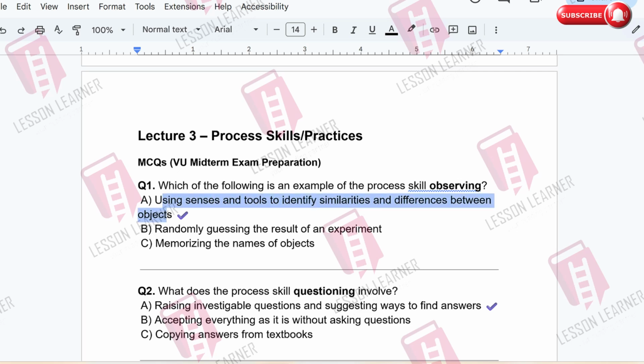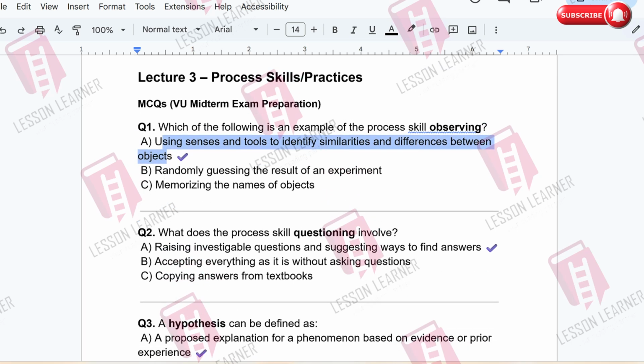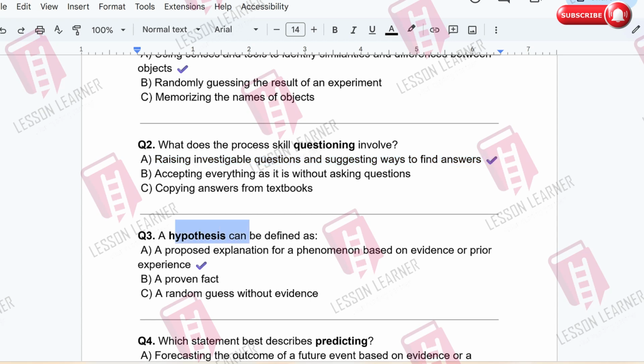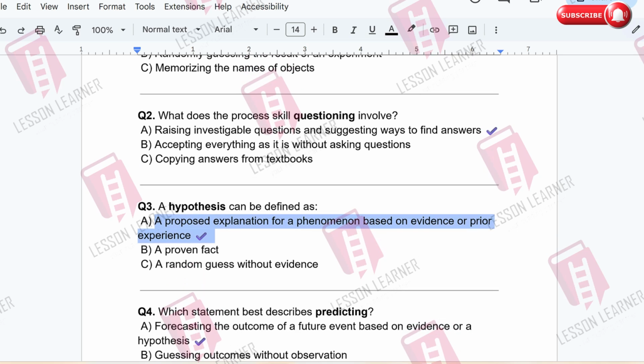Using senses and tools to identify similarities and differences between objects. What does the process skill questioning involve? Raising investigable questions and suggesting ways to find answers. A hypothesis can be defined as a proposed explanation for a phenomena based on evidence or prior experiences.